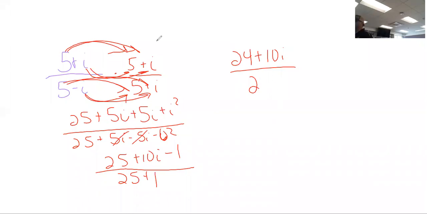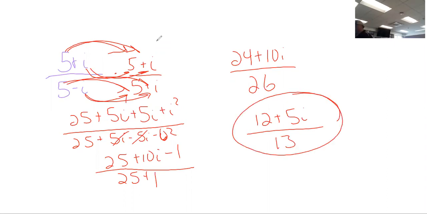Everybody see what I messed up on? I said minus i squared was minus 1. That should be minus a minus 1, which is a plus 1, so that's 26. Now I can divide everything here by 2. So I divide it all by 2. That would be 12 plus 5i all over 13. And there is my answer.